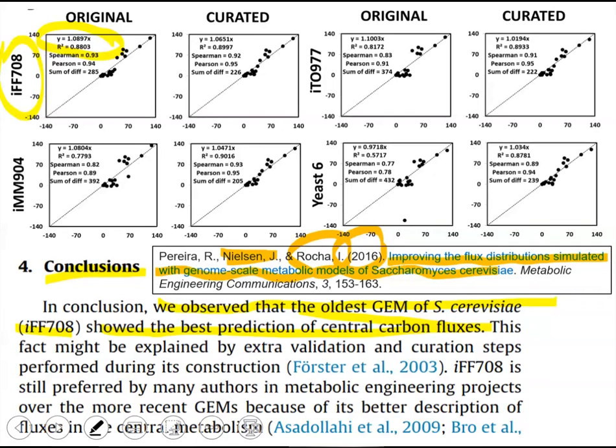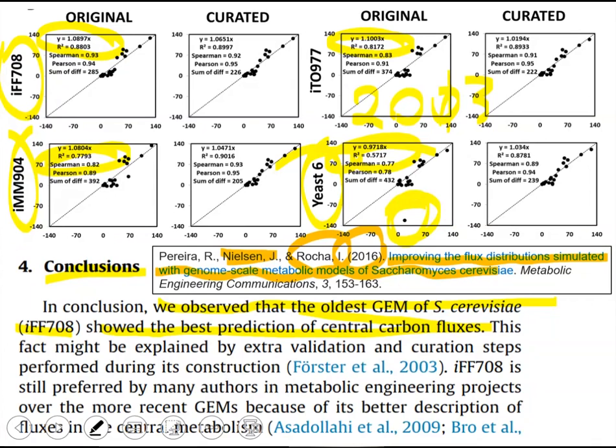ITO977, published in 2013, 10 years later than the first one, had an R-square of 0.82. IMM901, another model, had an R-square of 0.78, and Yeast 6 had an R-square of 0.56 for this prediction. So interestingly, the first model had the best prediction.